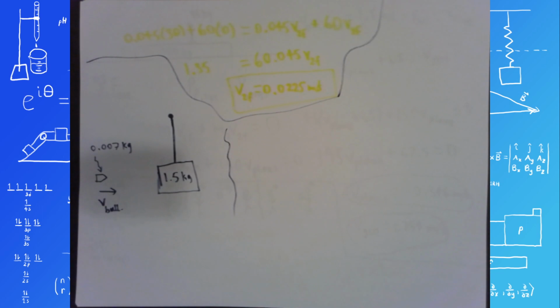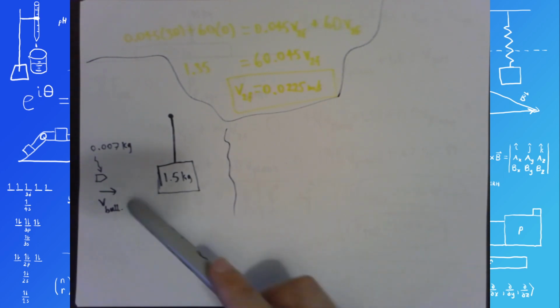Because for the bullet to emerge from the block, it would have to move at a different speed than the block. For two objects to separate from each other, their velocities have to be different. But I guess in that case you could argue that since the bullet has such little mass, that its kinetic energy could be assumed to be... Well, no, because if it emerges at 200 meters per second, that's still a lot of kinetic energy because you have to square it.